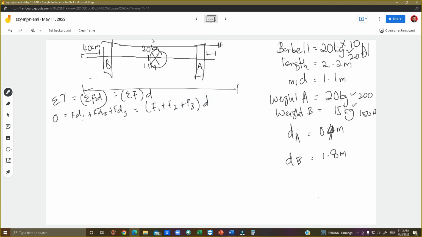For FD1, we take this dumbbell. We have 200 Newton with its distance of 1.1. So we have 200 times 1.1 plus FD2.